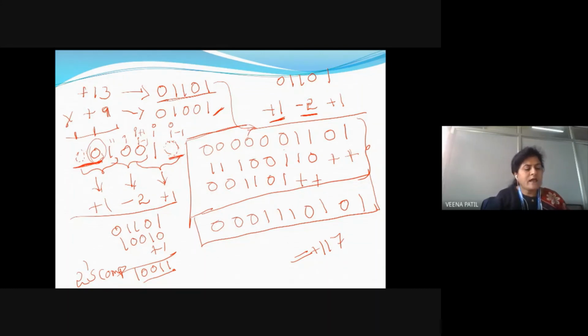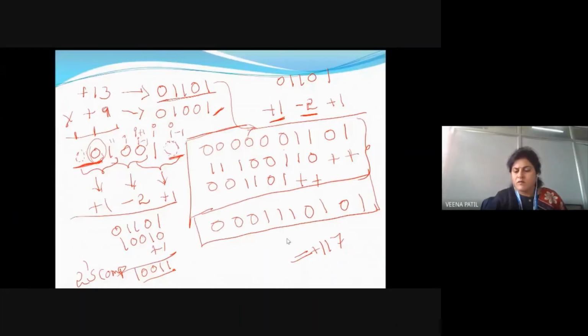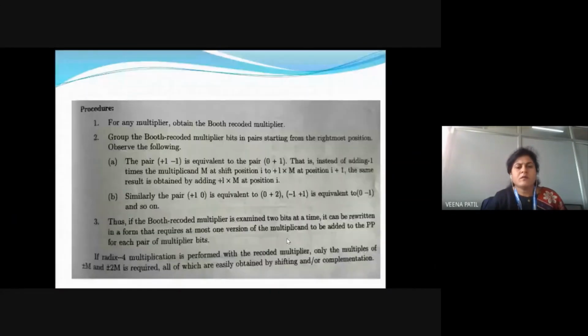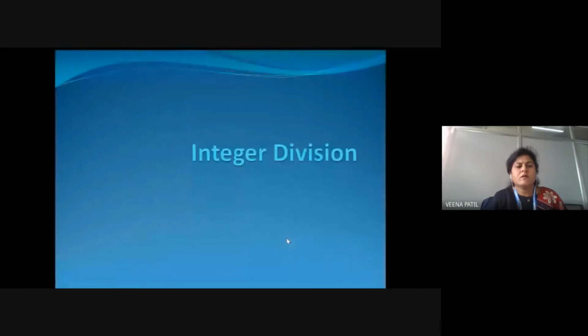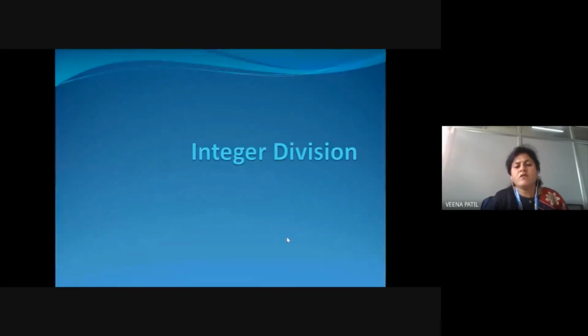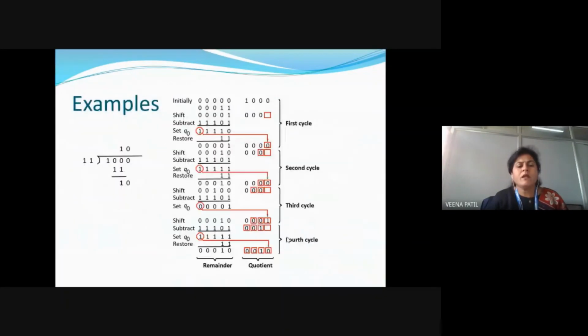In the next class, I will tell about division, integer division. Here also it is a problematic one, simply shifting and adding.